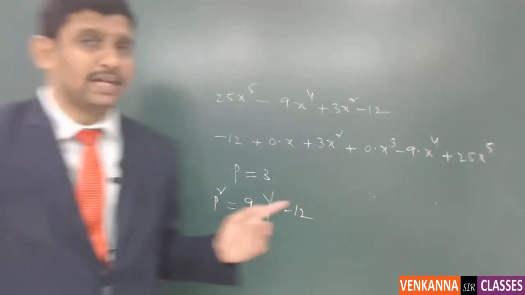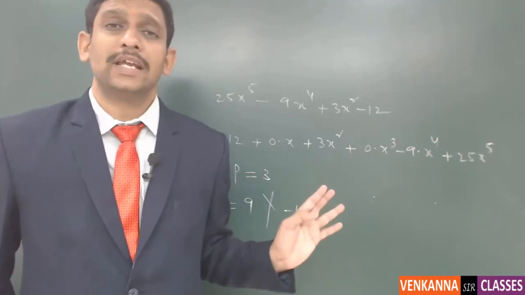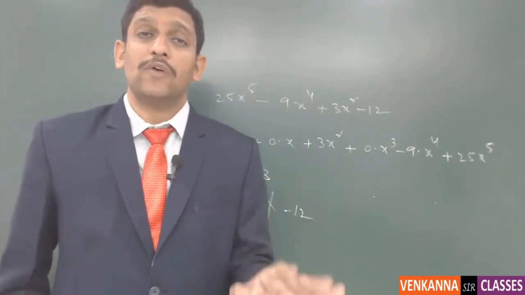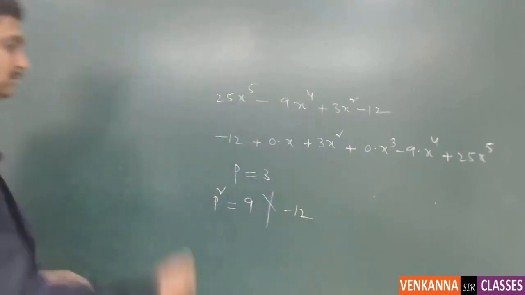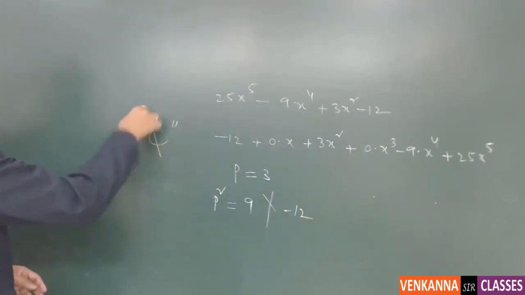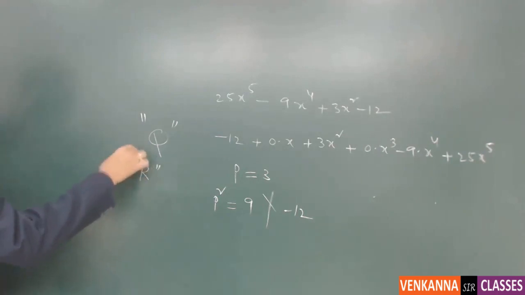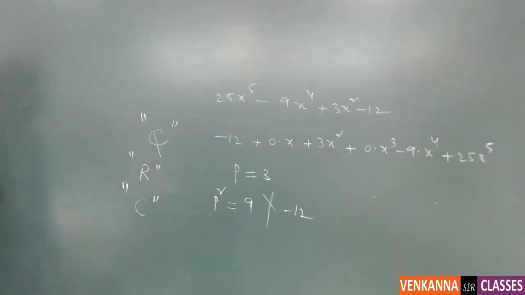Understand one more thing: this technique is useful to verify irreducibility over rational numbers only. We are not checking the irreducibility over real numbers as well as complex numbers. Please understand that.